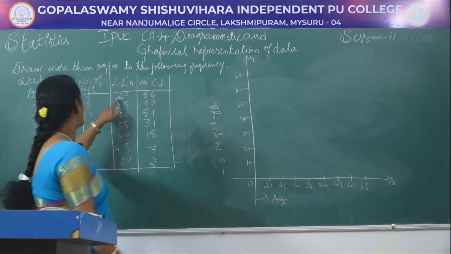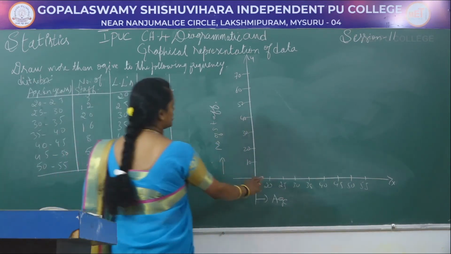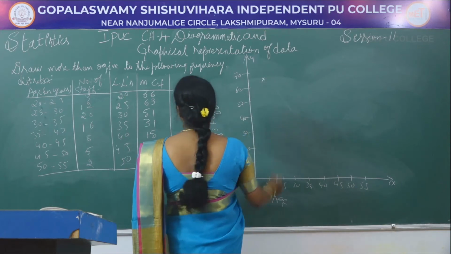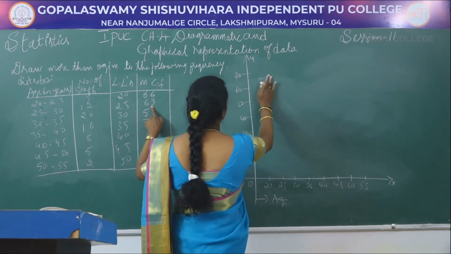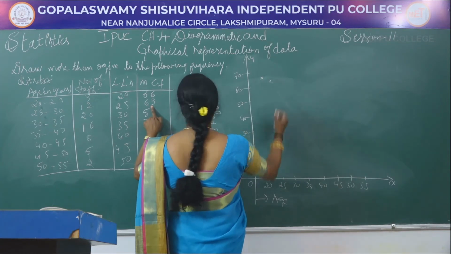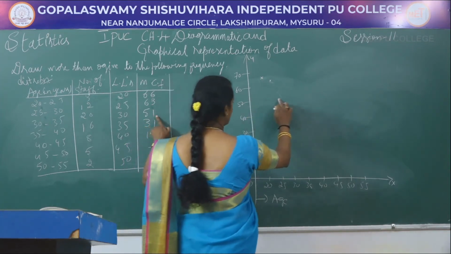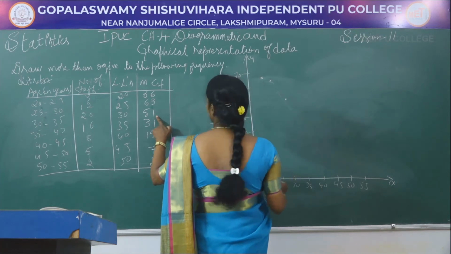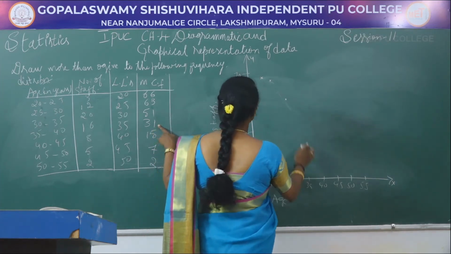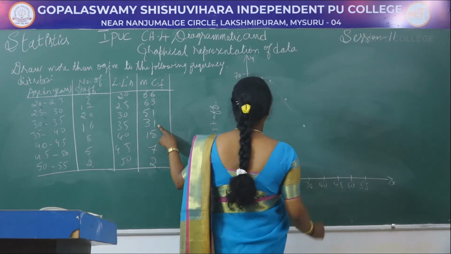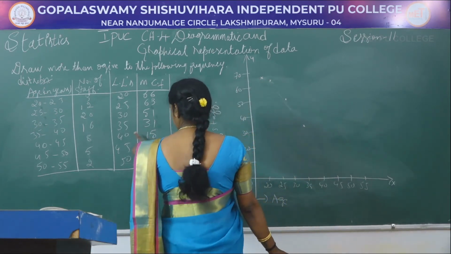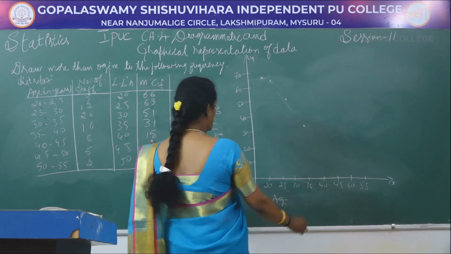So first for 20 it is 66. Next it is 63. Next it is 51. Next it is 31. For 40 it is 15.